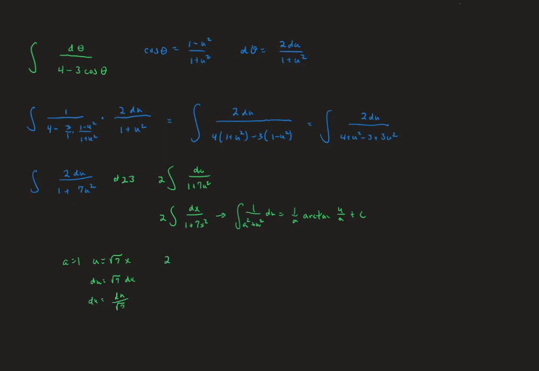So our integral becomes 2 times the integral of du over square root of 7, and then we have our 1 plus u squared, which is our a squared plus u squared.